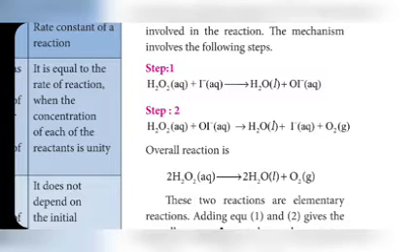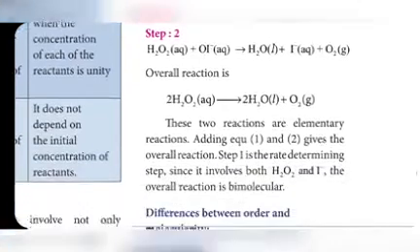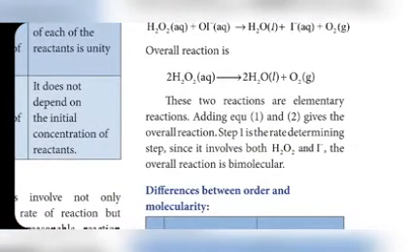That means the rate of the reaction depends only on one reactant, here the concentration of H2O2. The rate does not depend on I minus, because initially one I minus is reacted, and we get it back again at step 2. So that will not affect the reaction.